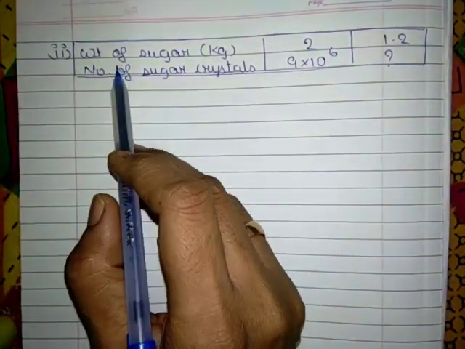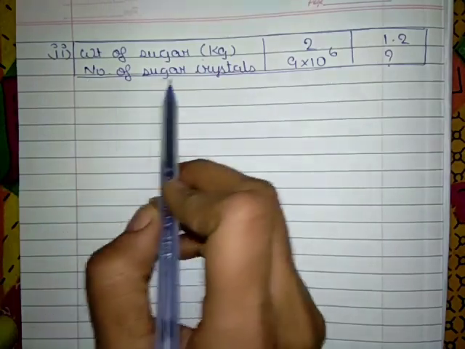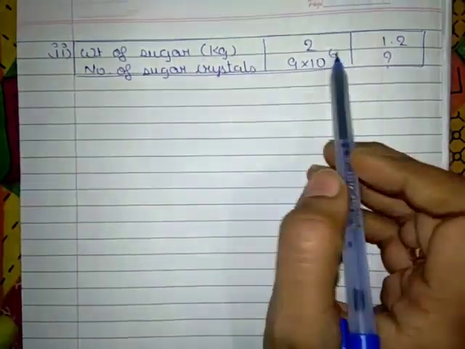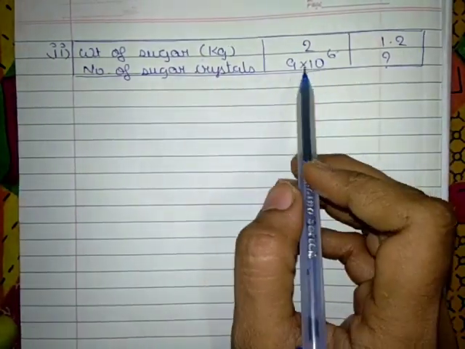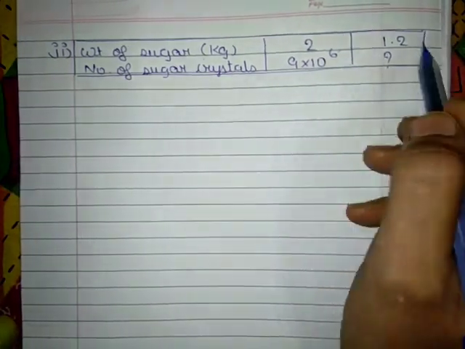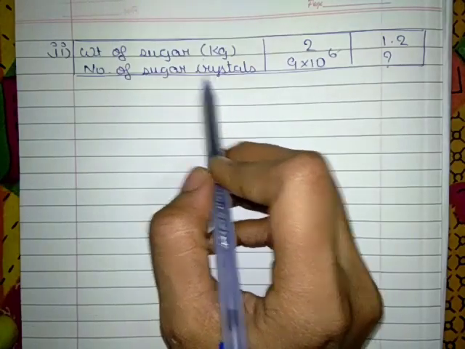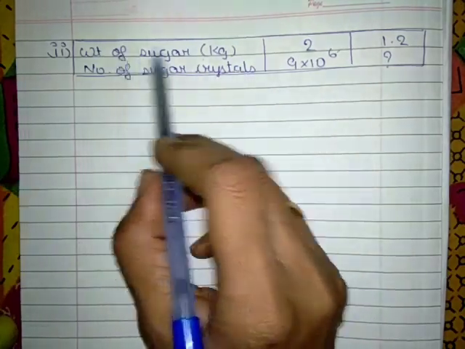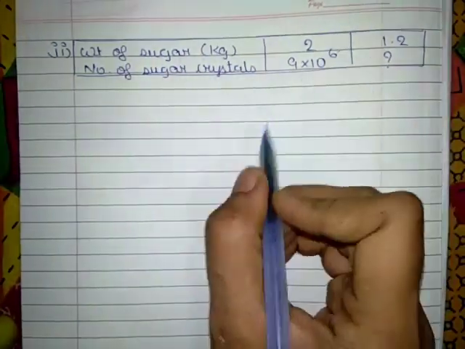Similarly, for the second, the weight of the sugar and the number of sugar crystals are given to us. If the weight of the sugar is 2 kg, the number of sugar crystals will be 9 multiplied by 10 raised to 6. We have been asked how many crystals 1.2 kg of sugar will contain.